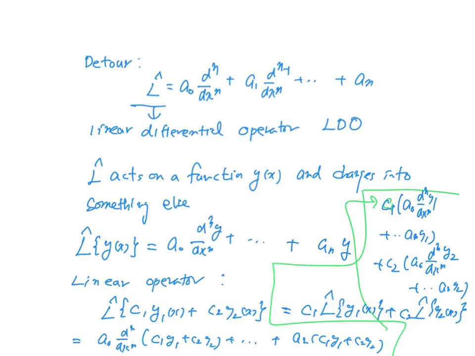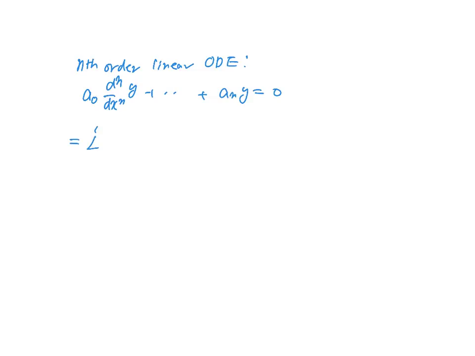Then the differential equation, an nth order linear ODE, a0 d^n y/dx^n plus up to a_n y equals 0, can be written simply as the operator L y equals 0.